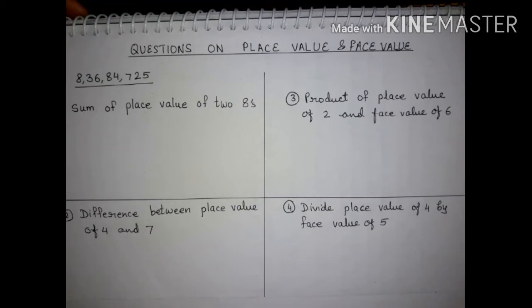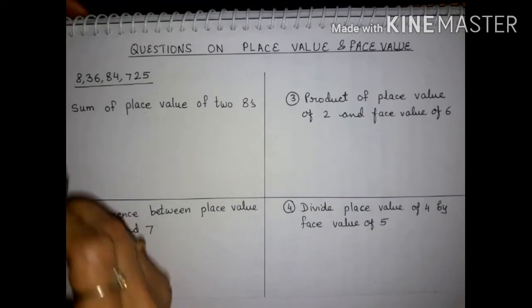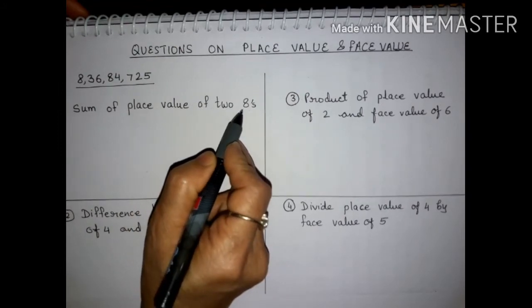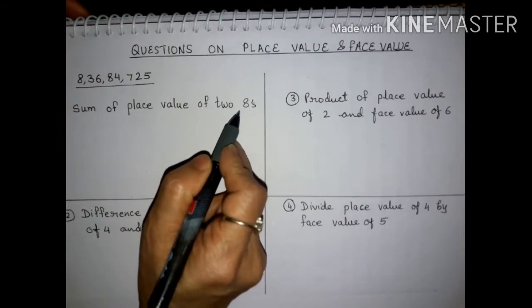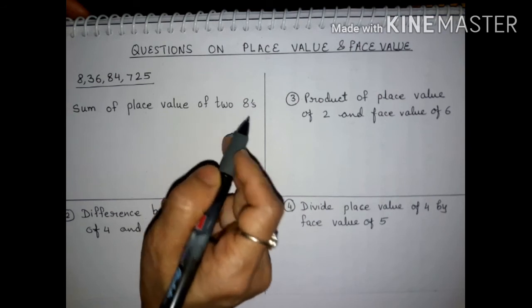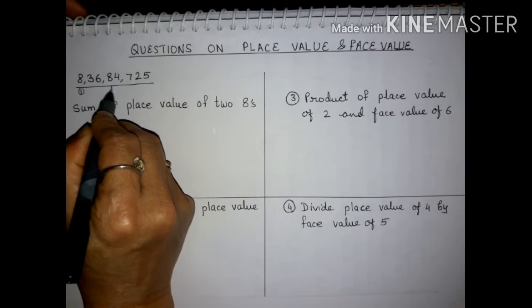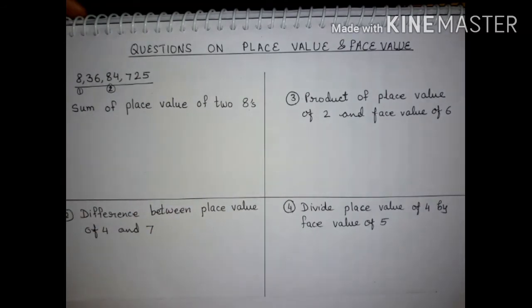For example, the first question is you have to find the sum of place value of 2 8s. It means that you have to find the place value of this 8 here and the second 8 here. So we need to find their place values.